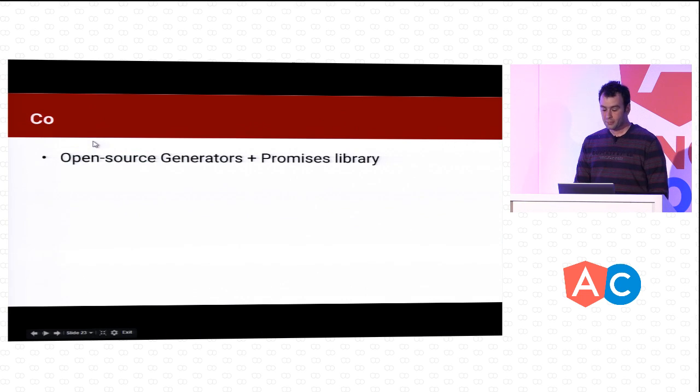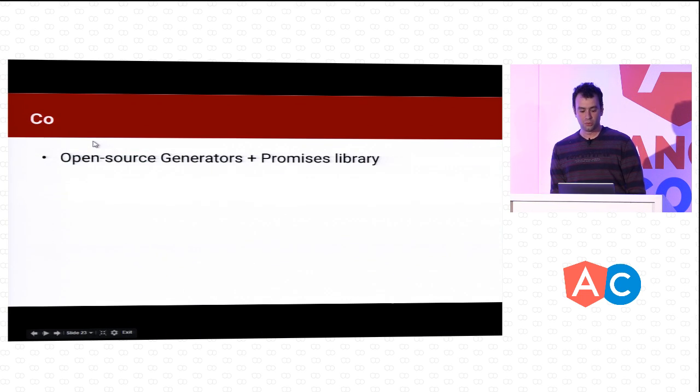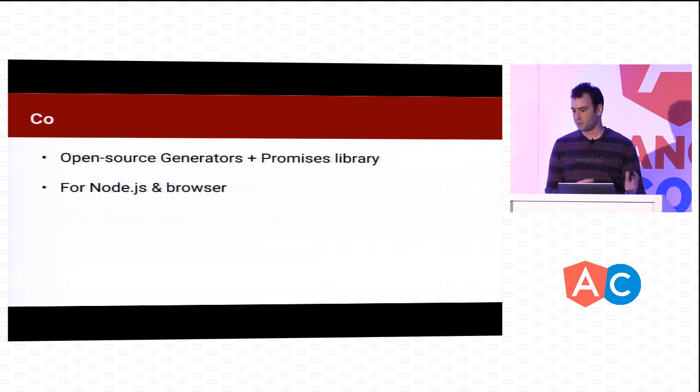So with that in mind, we have Co. It works on Node.js and on the browser. And as I said before, you have all the generator functionality already available for you in Node and inside the browser, so there is no need to install anything. You don't need transpilers.